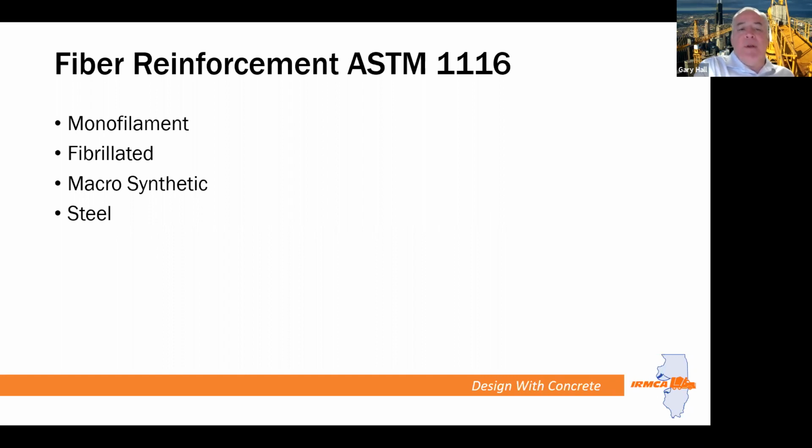Then when we start getting into higher performance concrete, we take a look at macrosynthetic and steel fibers, which can provide an alternate for welded wire fabric and temperature steel replacement.